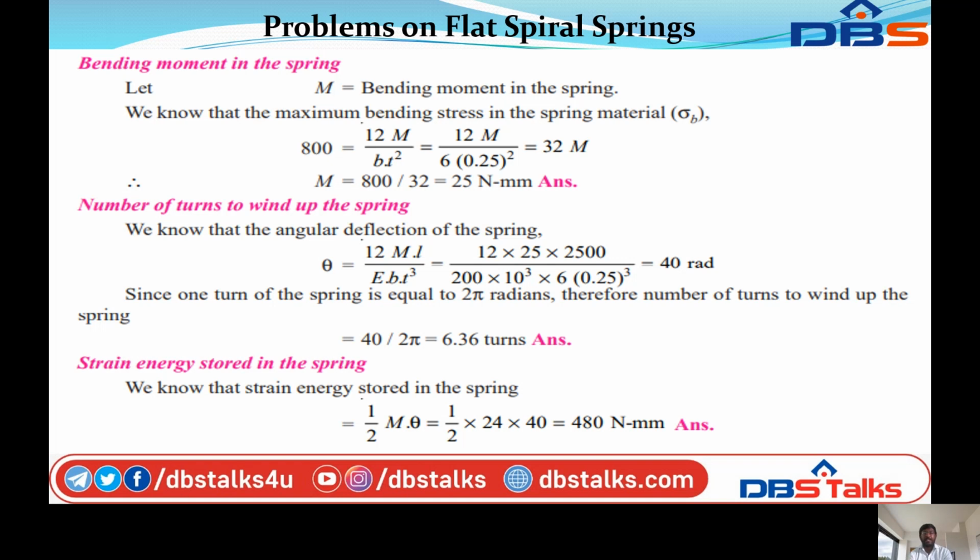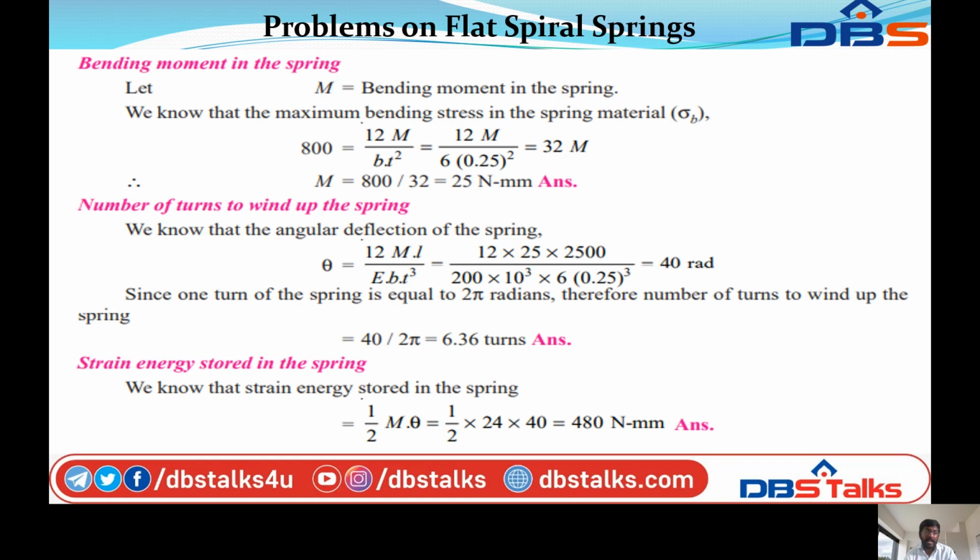So calculating, theta is equal to 40 radians. Since one turn of the spring is equal to 2 pi radians, the number of turns to wind up the spring is equal to 40 divided by 2 pi, that is equal to 6.36 turns.